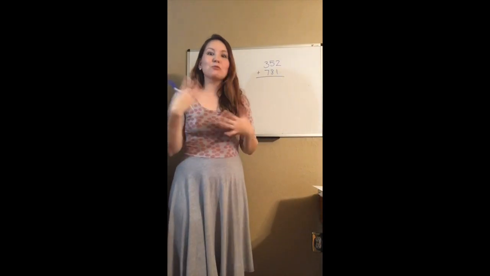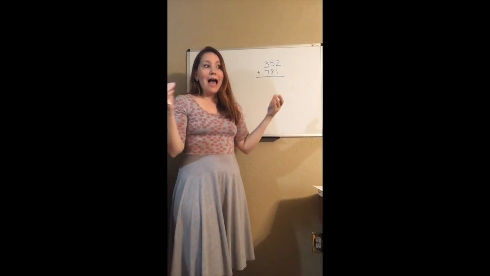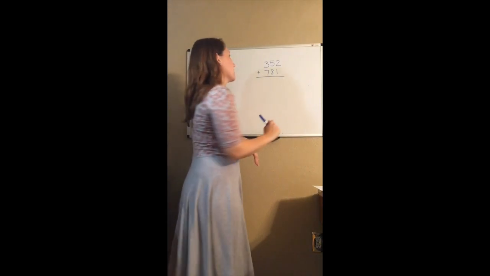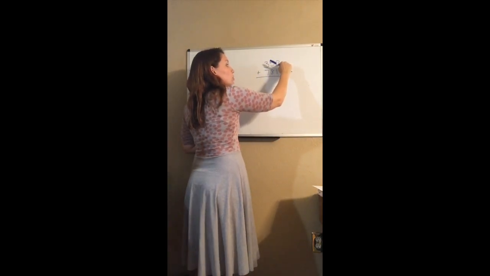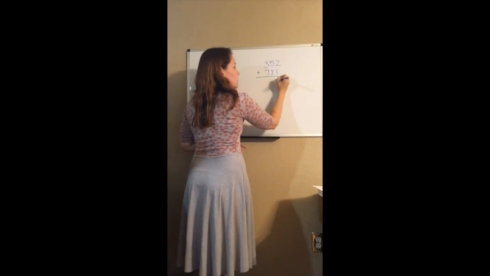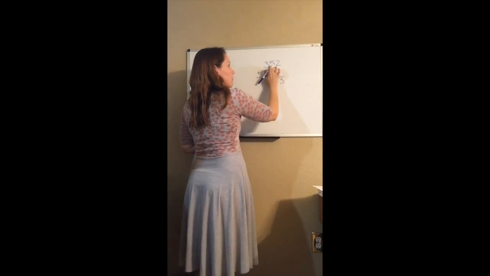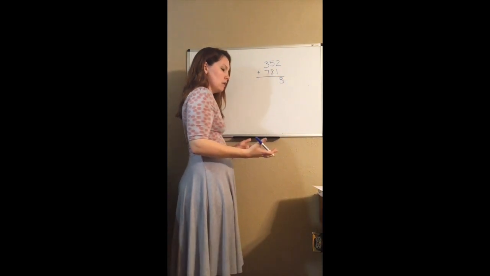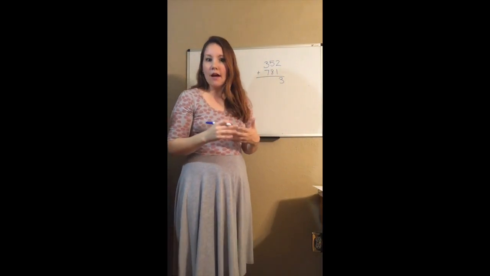Again, this is why it's important to review those place values so we know how it plays into more complex math problems. So we're going to add down. 2 plus 1 gives us 3. 5 plus 8 gives us 13, which comes to our last step.